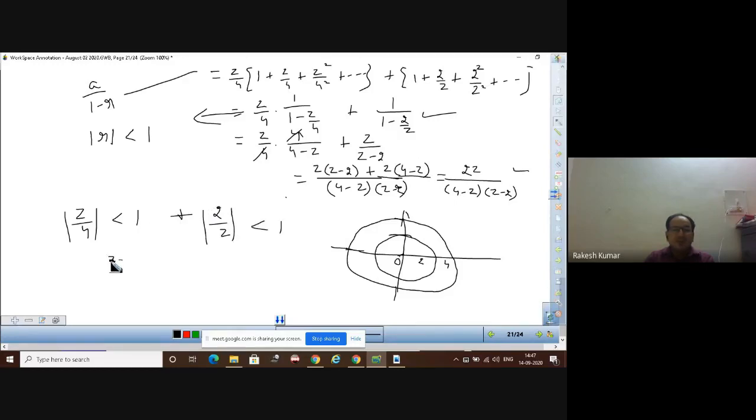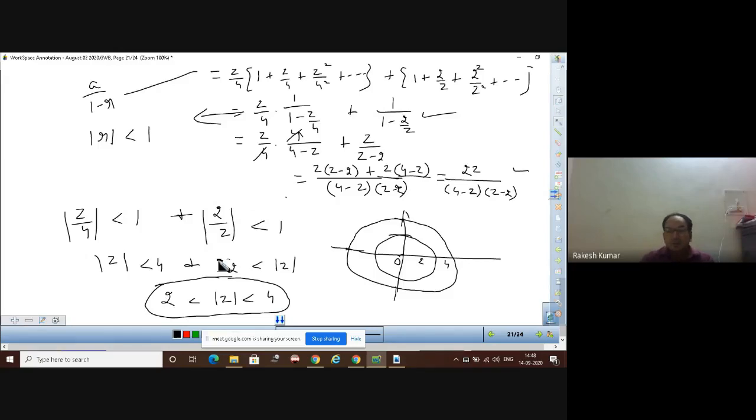So that will come out to be |z| less than 4, and 2 less than |z|. So the combined region of convergence is 2 less than |z| less than 4. This is somewhat obvious because 4 is a bigger number than 2.